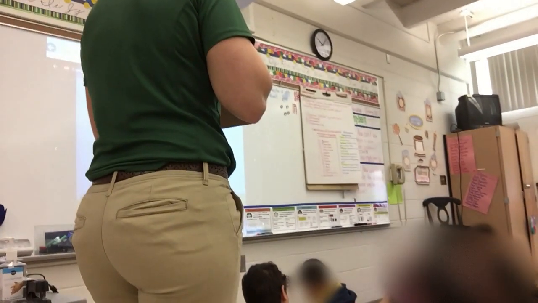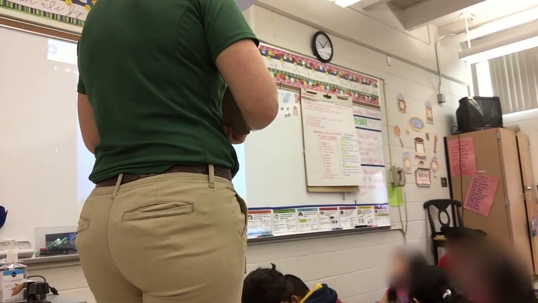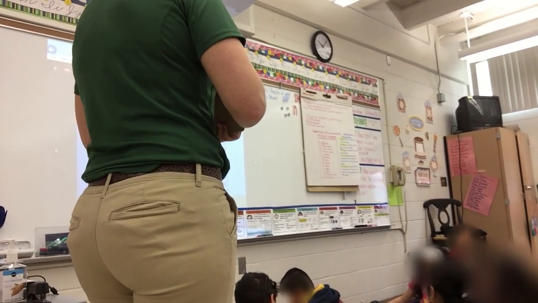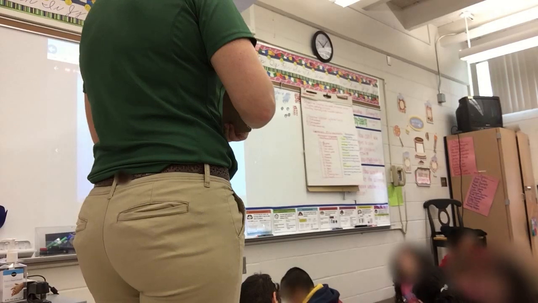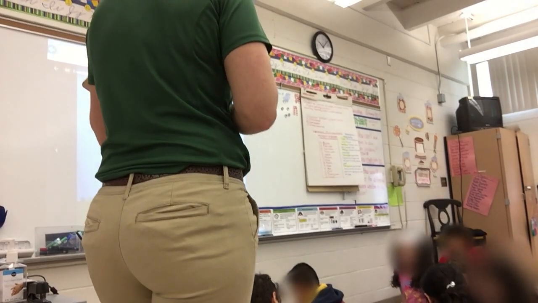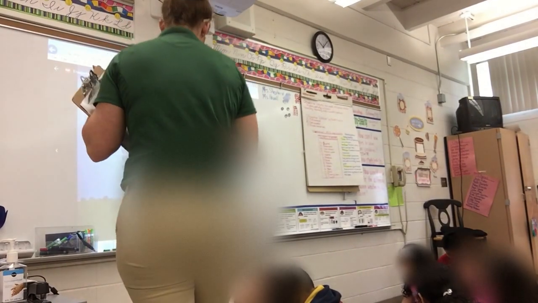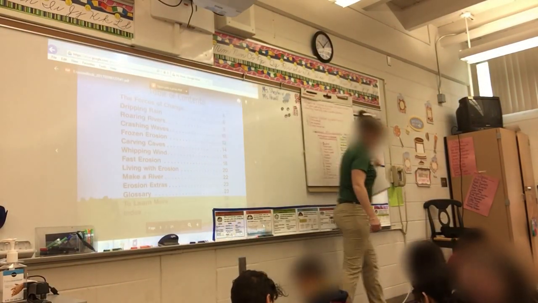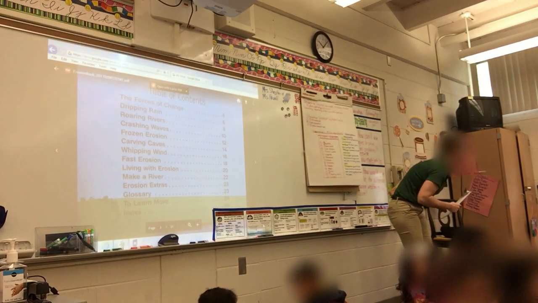You have two. Can someone help Elvis and say, hey, Elvis, I think this is pretty cool. Elvis, we can't move on until you write something down. Frozen erosion? All right. Right there, right there. It's okay.